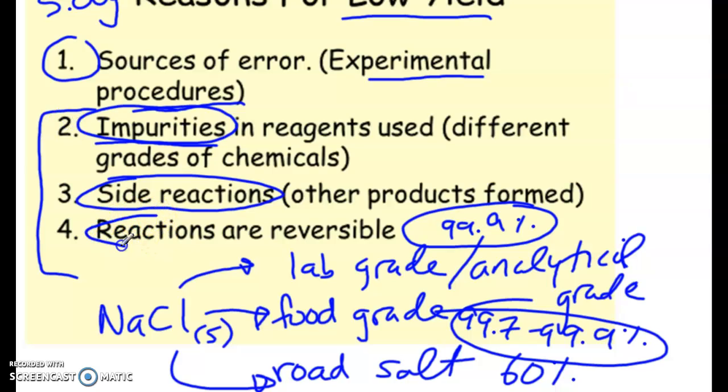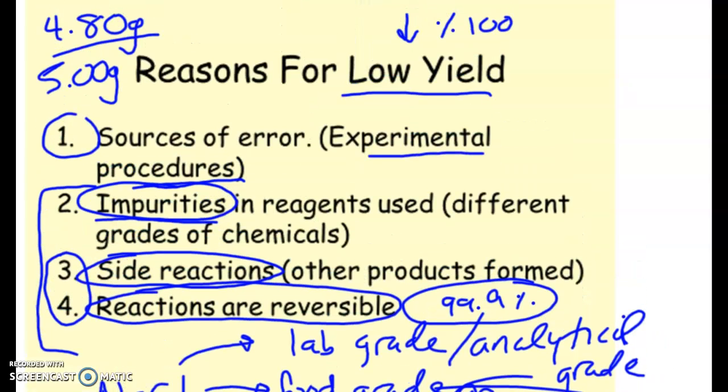And lastly, these last two don't really apply to every situation, but some reactions are also reversible. Meaning maybe some of the product that we did make became reactant again. Okay, so this last point about reversible reactions is not really the focus for us here. We're not going to go into why that can happen.